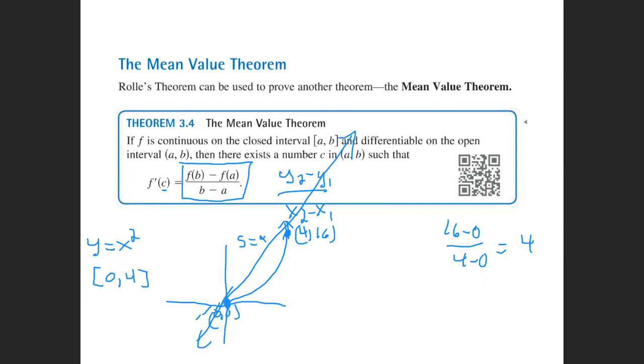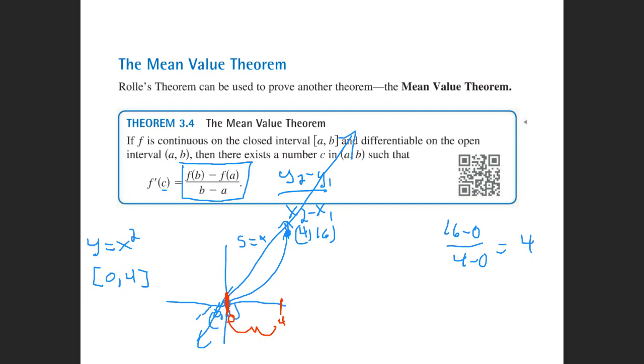Now what the mean value theorem says is that on the interval between 0 and 4, there is a point someplace between 0 and 4. That's why I can always tell if a student doesn't understand this, because the c value has to be between 0 and 4. It can't be 0, it can't be 4, it has to be between there.